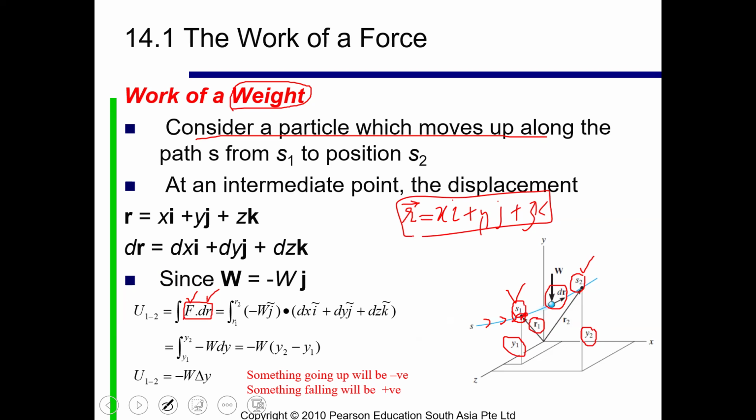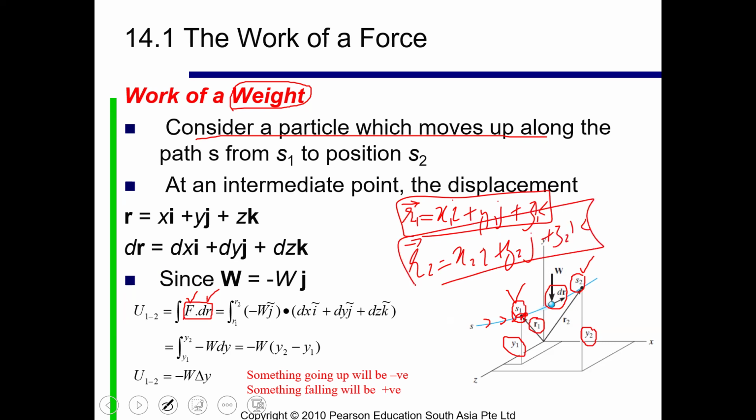Think of this as the initial position, X1, Y1, Z1, and think that there is a final position, X2 i plus Y2 j plus Z2 k.